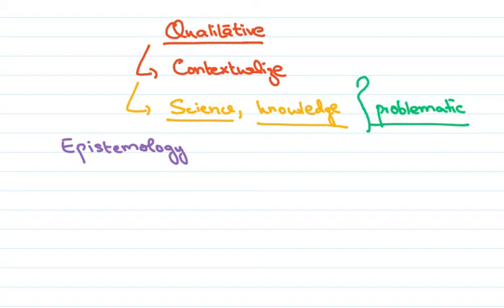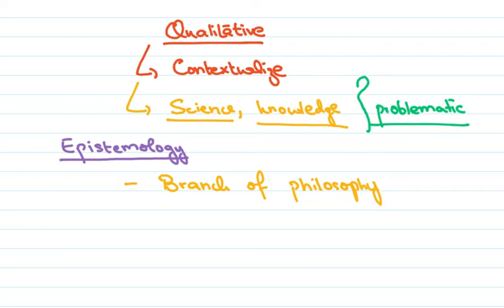Now, what exactly is epistemology? Epistemology is a branch of philosophy, and this branch of philosophy is concerned with investigating what we know, and how we know what we know.